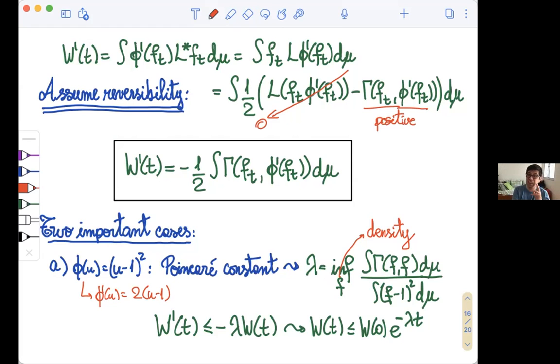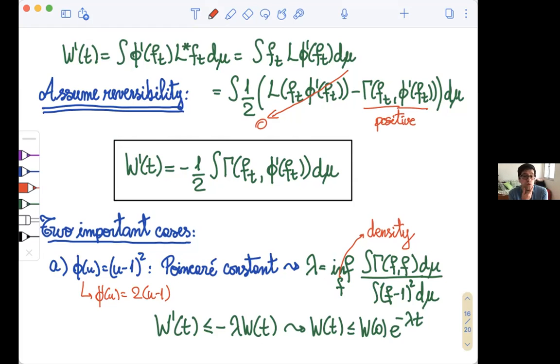This is good because you actually don't need to compute the adjoint of the operator L. Computing the adjoint could be annoying, especially if the measure mu is not explicit. So it's good news that we can get rid of it just by duality.